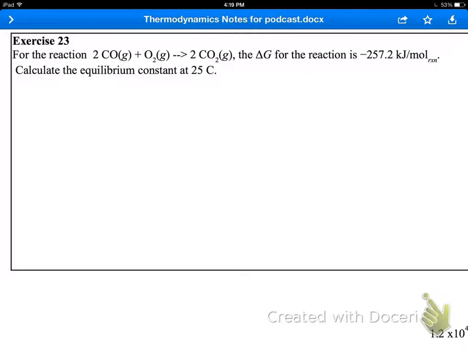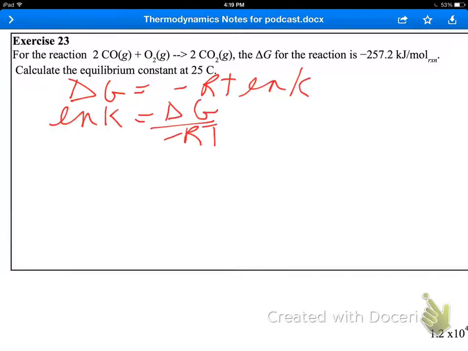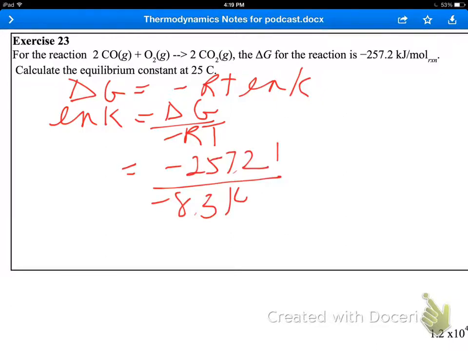Alright, here's, I think, the last one. For the reaction of carbon monoxide plus oxygen to yield carbon dioxide, I have my delta G, and we want to calculate K, the equilibrium constant. I'm going to use RT ln K again, and solve for ln K. And when I do that, remember my delta G is in kilojoules, my R is in joules, so I've got to change it.